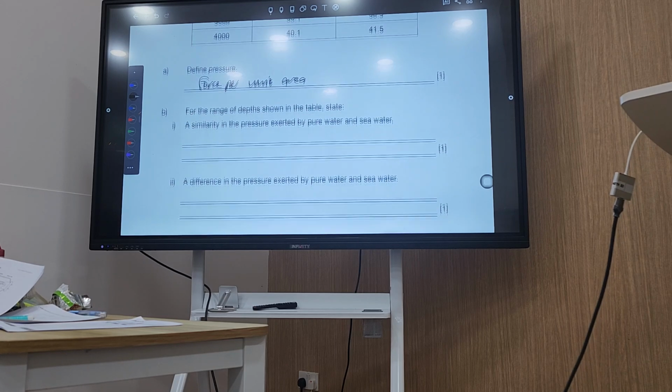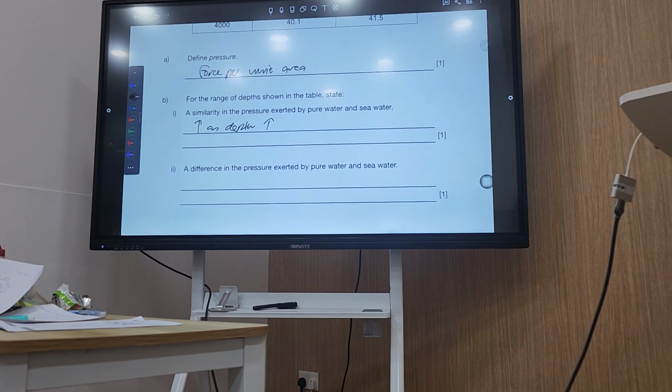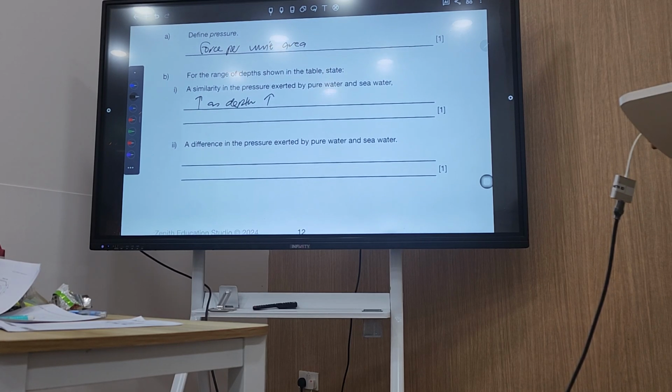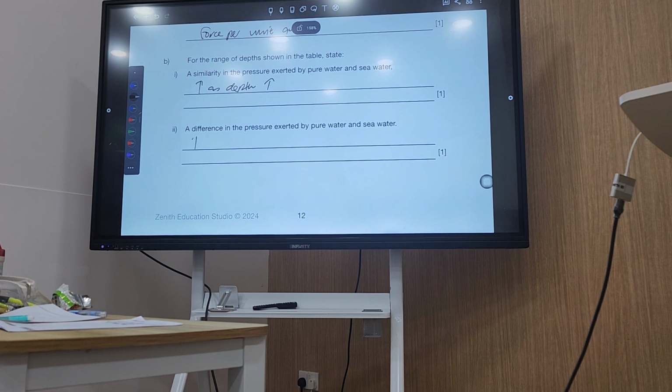Increases as depth increases. Good. What's the difference, General? Seawater, the increase in pressure by seawater is higher.